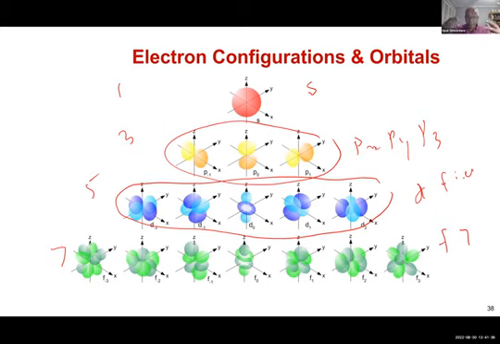Now you have to get this idea. Electrons in an atom are present in one of these shapes. When you put an electron in, it goes to one of these. Which one they go to, I'm going to show you for each atom of an element.